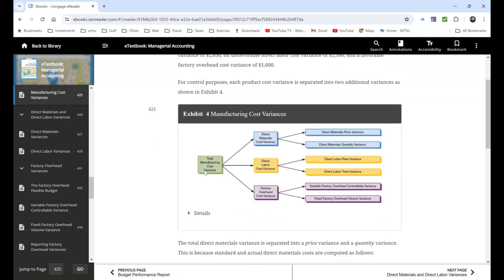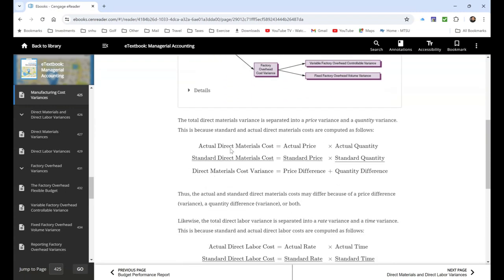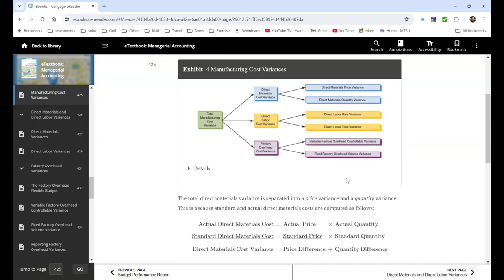So we are going to get into the weeds here. And you can see here the total manufacturing cost can be broken down into different components. And then we can break it down even further. Did the material cost us more or less than what we budgeted? Did we use more or less than what we budgeted? And so that is what we're going to look at. So the actual direct material cost is equal to actual price times actual quantity. The standard is the standard price times the standard quantity, and then the direct materials cost variance is the price difference plus the quantity difference.